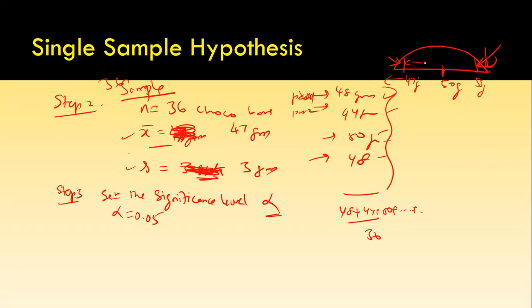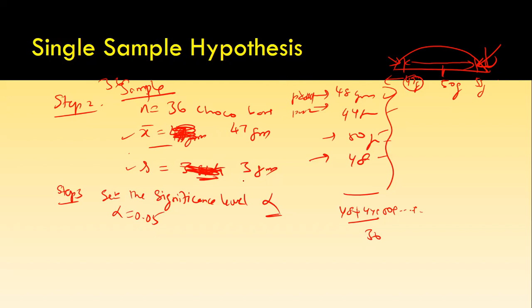Anything that falls within this region, you are not going to reject. You are going to accept the null hypothesis, saying that the claim made by the manufacturer is correct: on an average, each packet contains 50 grams weight of the chocolate bar. But how much are you going to tolerate?